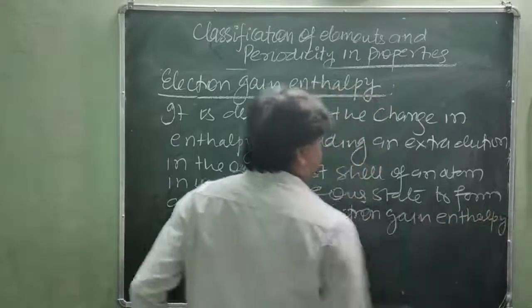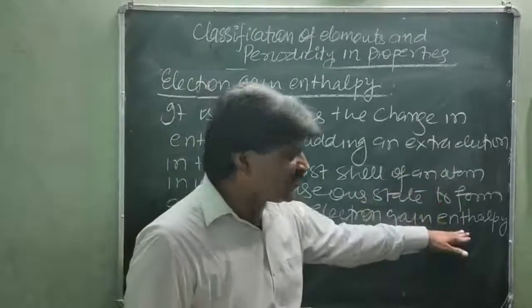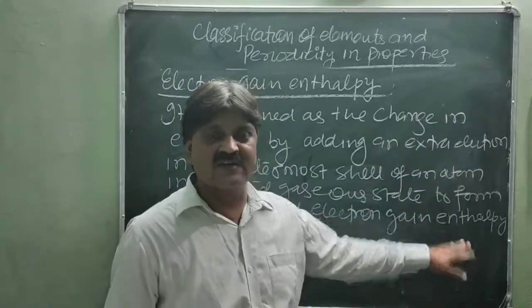You can very easily understand electron gain. By gaining the electron, whatever amount of energy is released or absorbed, that is called the electron gain enthalpy.